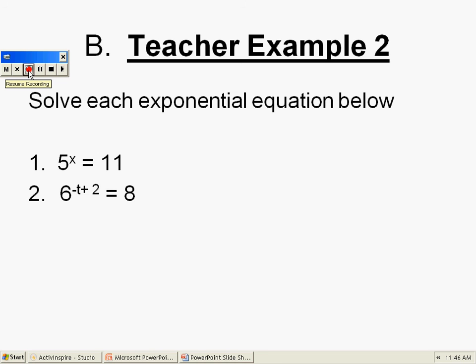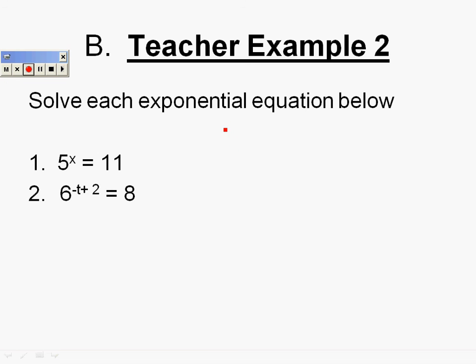So step 1, change it to log form, right? That way we can get the variable out of the exponent. So log base 6 of 8 is negative t plus 2. All right, so now we need to change a base, right? Base 10.